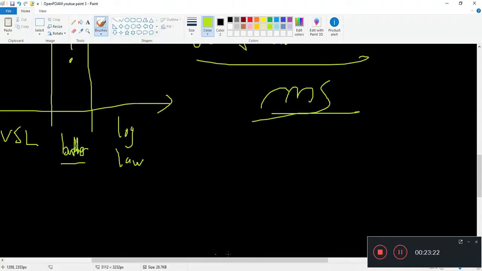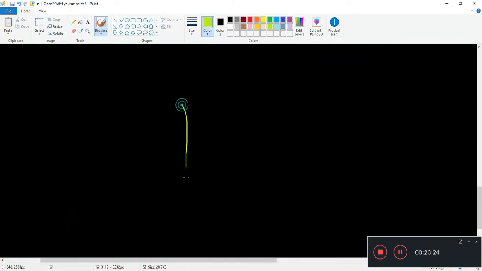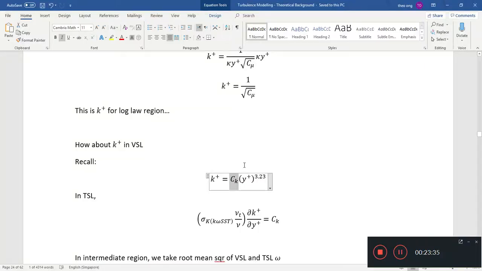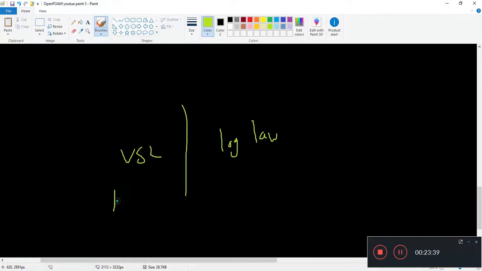Remember, let's say this is the viscous sublayer and the log-law region. I'm ignoring the buffer region for now, just for the sake of illustration. So you have k plus equals Ck y plus to the power 3.23.